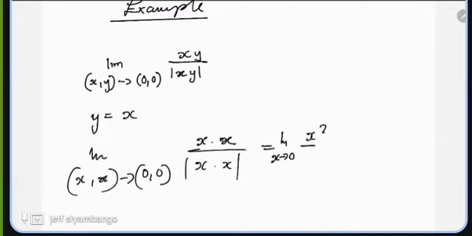You see, I still have that problem of a 0 being present, and that is going to be very tricky to get rid of. So I still have that x being squared. But of course, now I have the modulus. But the fact that this is going to be squared, there's no need for me to maintain the modulus. It's going to be x approaching 0, and now I'm going to have just x squared over x squared, and this is going to be 1.